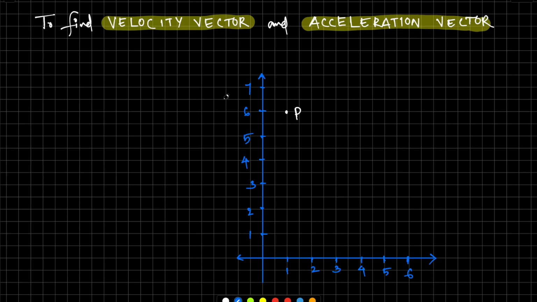Alright, so because we have a coordinate system, we can define the position as P is at 1 unit on x-axis and 6 units on y-axis. So we can write the coordinates of this point as (1, 6). Okay, so that's the position of this object, right?